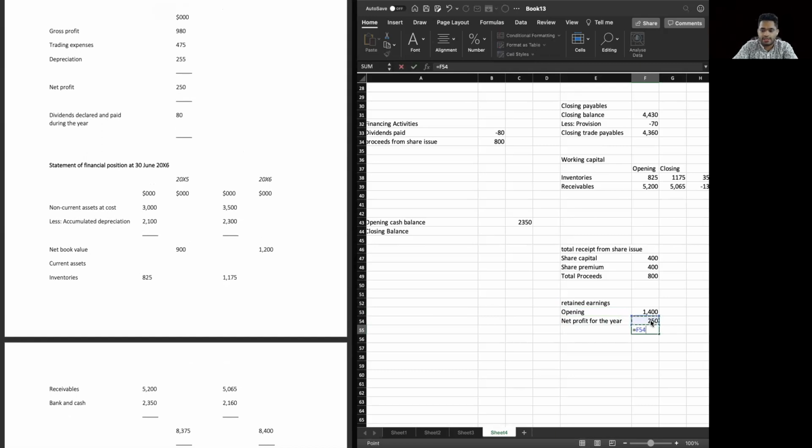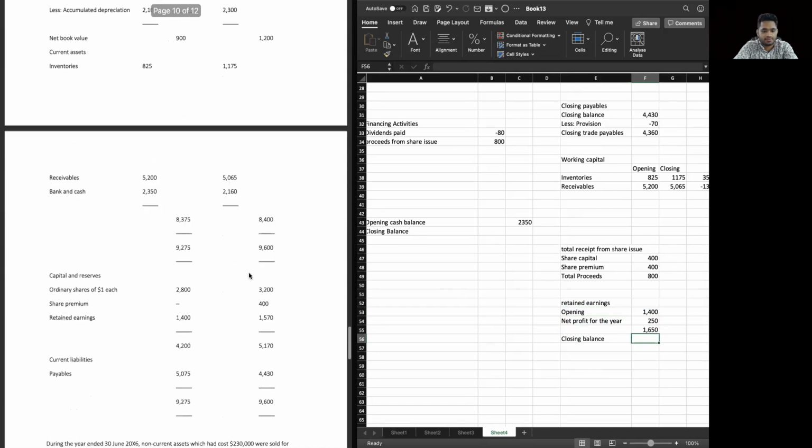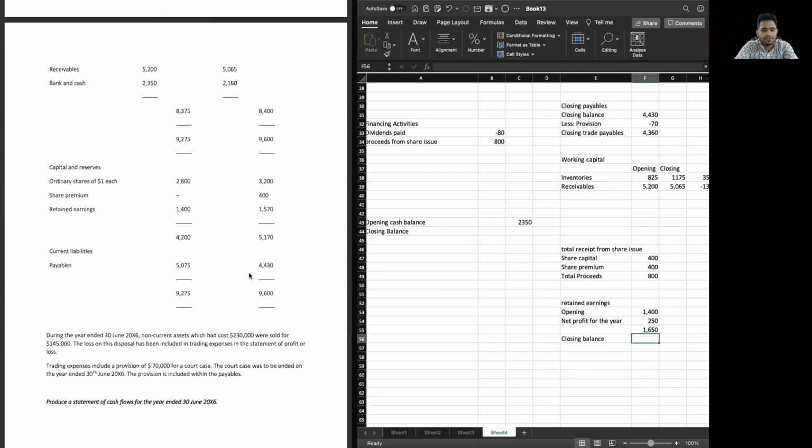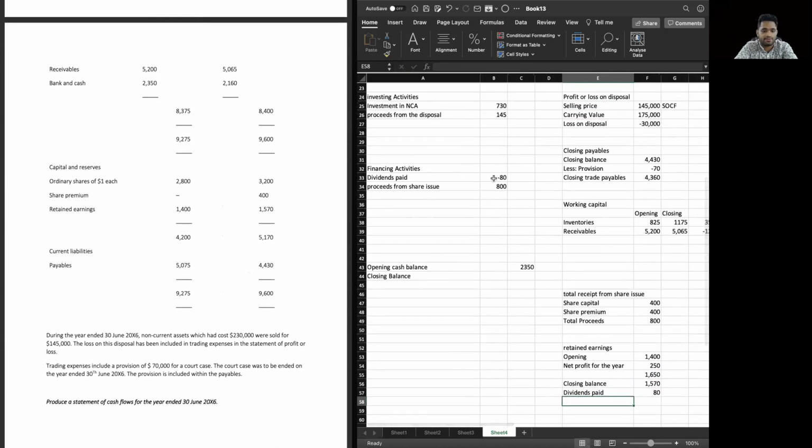So your total retained earnings should be 1400 plus 250, but your closing balance is 1570. So the difference is going to be the dividends paid, which is 1650 minus 1570, that is 80, which is the exact amount that we got as the dividend paid here.